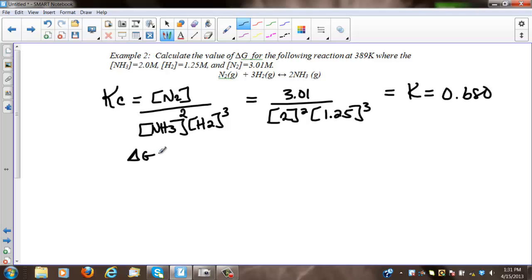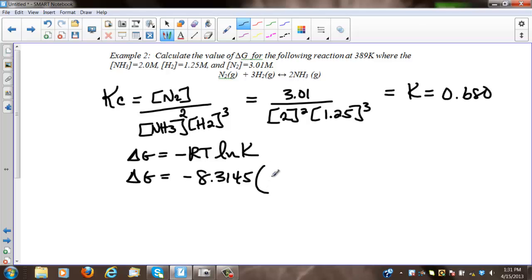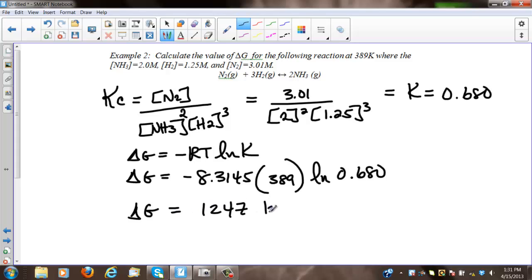Now using delta G equals negative RT ln of K, we can solve for delta G, because this is our constant, times our temperature of 389 Kelvin, and we need the ln of 0.680. Solving for delta G, we get 1247 kilojoules per mole.